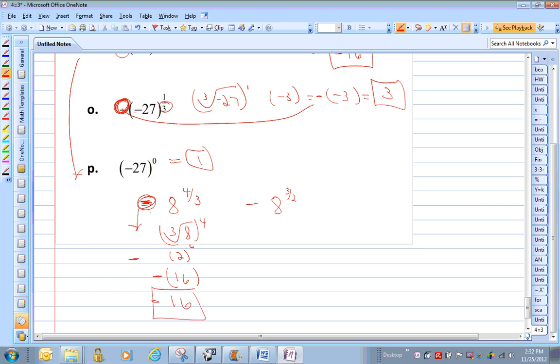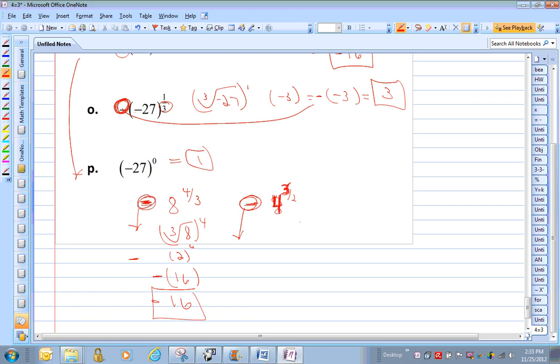Please make sure you realize that that negative is not attached to the 8. It's at the end unless it's inside a parentheses. The same thing here, and let's take a look at this one. So this negative would get applied at the end. So right now you have the square root. We can't do that. Let's change this. Let's leave the 3, and let's just change this to a 4.